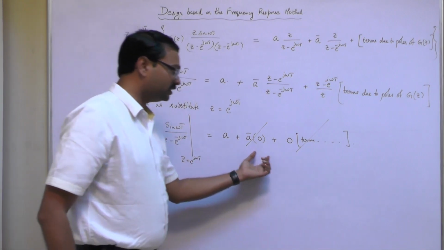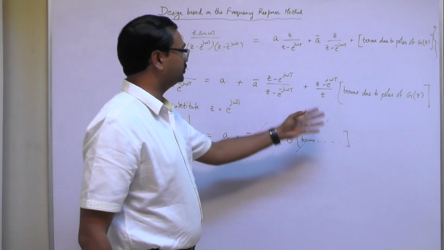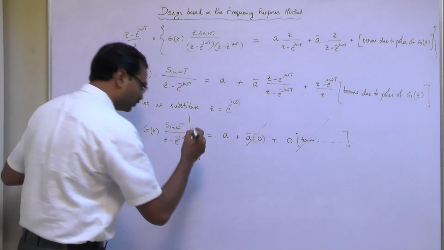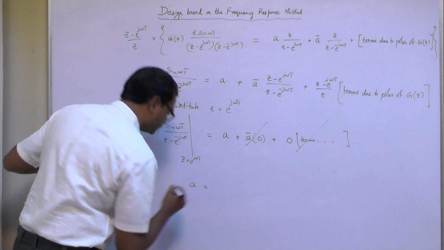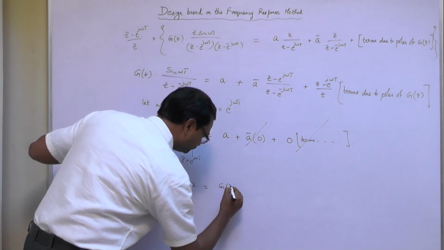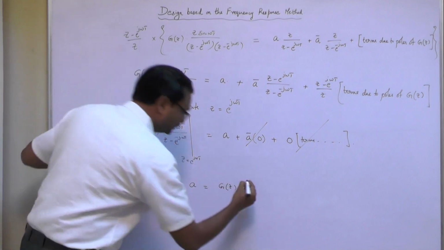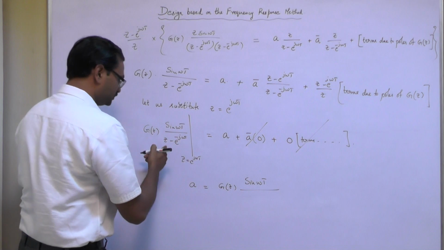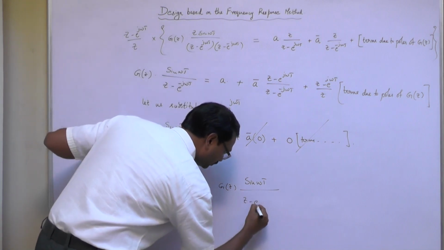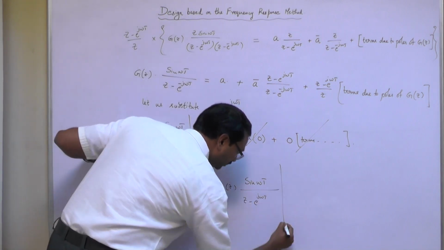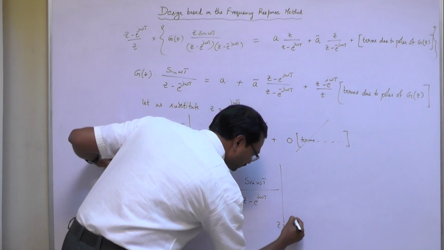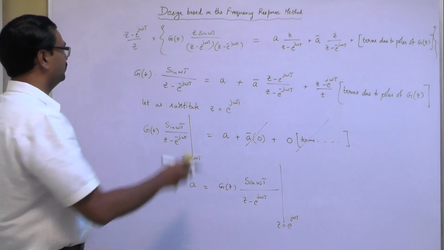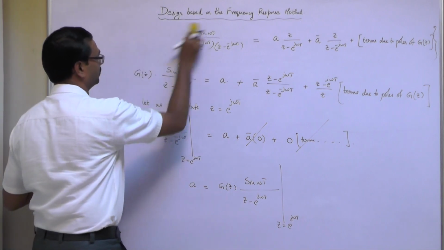You don't have the second and third terms of the initial equation. Therefore, what is A for us now? A is equal to g of z into sine omega t by (z minus e power minus j omega t), when z is equal to e power j omega t. Now this is what we have obtained. Now let us see what that part is.